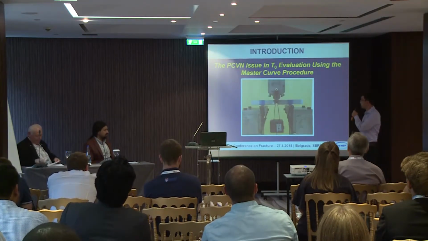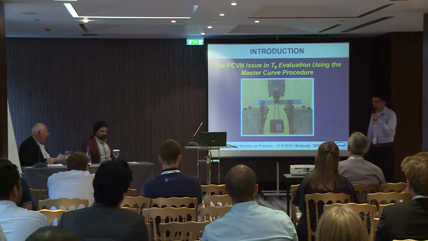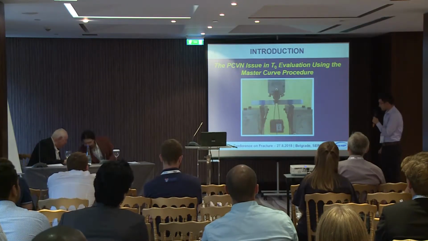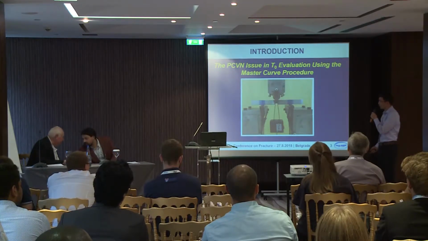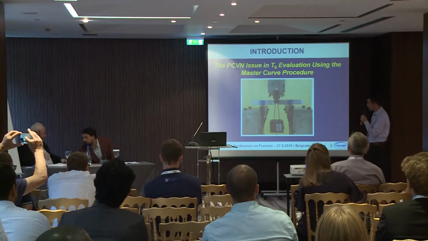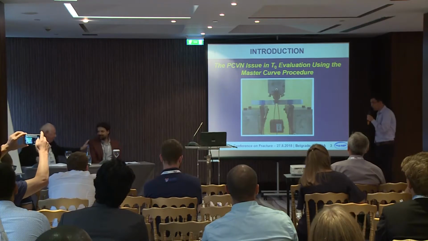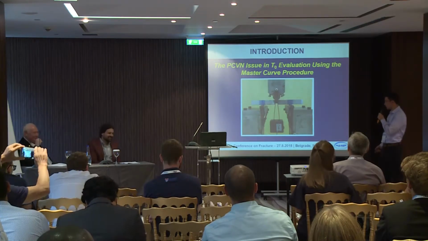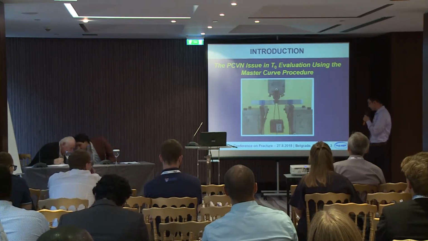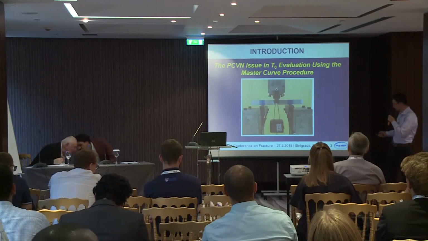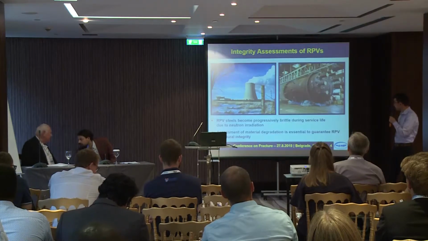The PCVN specimens are extensively used to evaluate fracture toughness in several engineering structures, but there are some questions about these specimens, as I will comment in the next slides.